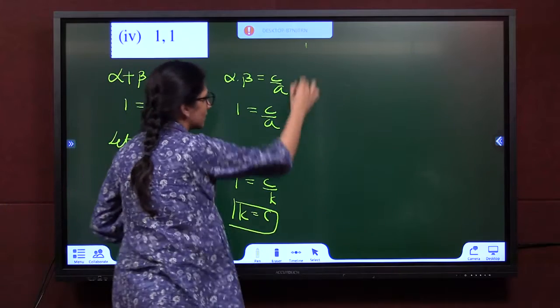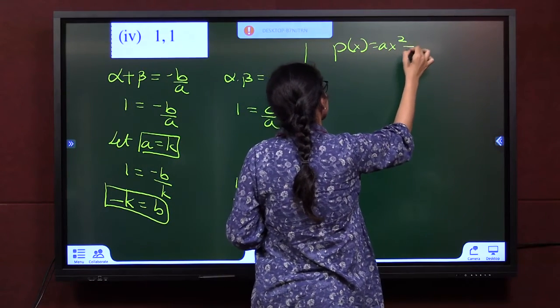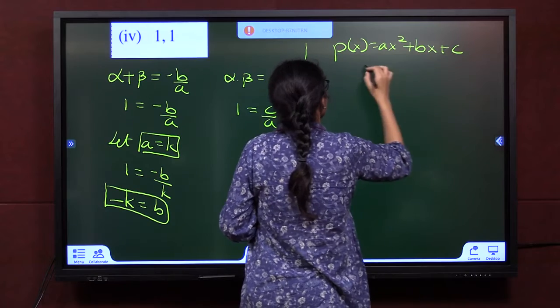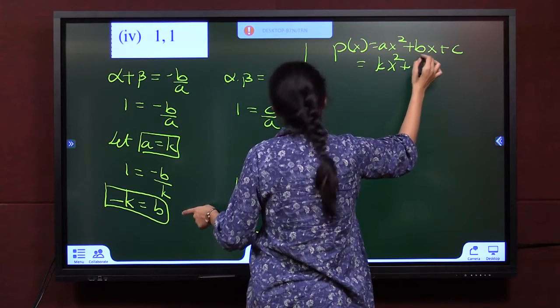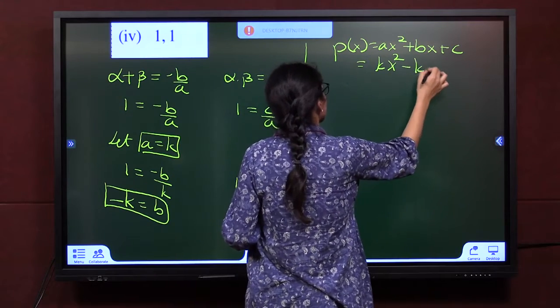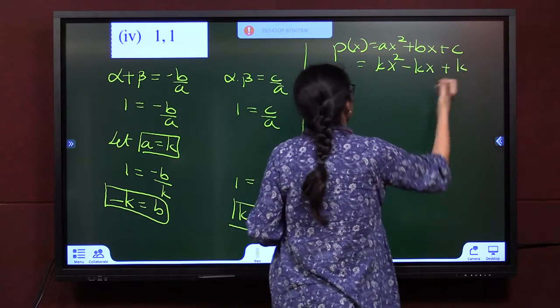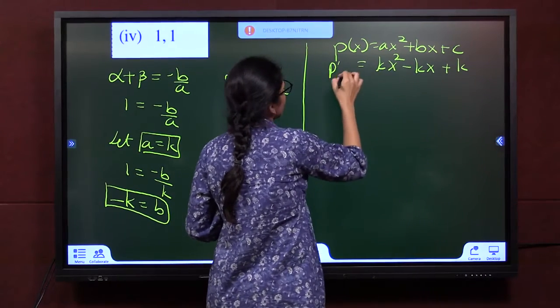Now take the general form of the quadratic equation. P of x is equal to ax square plus bx plus c. A is k, kx square, b is minus kx, c is plus k. So now take k common.